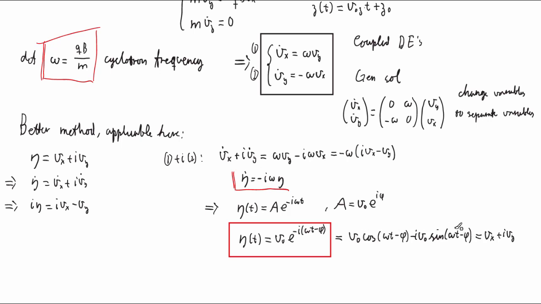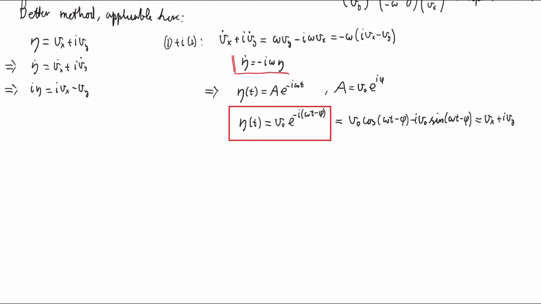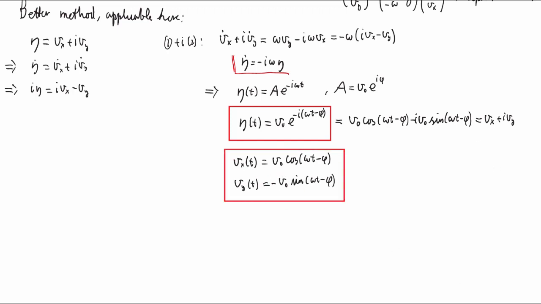So now we can make this identification that Vx of t is going to be the real part of this, and Vy of t is the imaginary part. So that's what we get for the velocities.